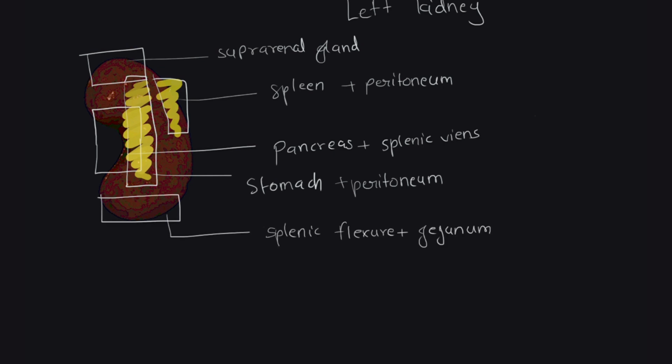And lastly, we have the colic flexure, especially the splenic flexure of the colon, with the jejunal folds, of course, the jejunum of the small intestinal tract. Lastly, it's also important to know that posteriorly we have no relations because kidneys are among the most posterior organs, and posteriorly we just have fat, the renal fat.